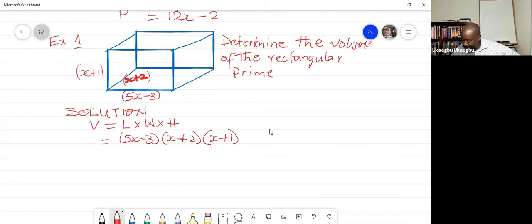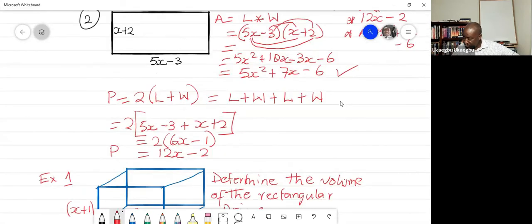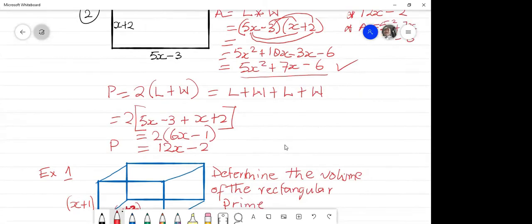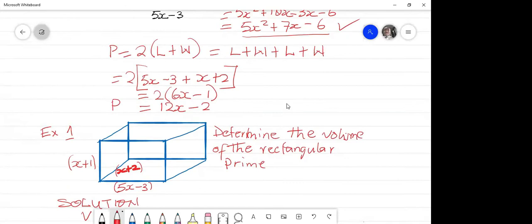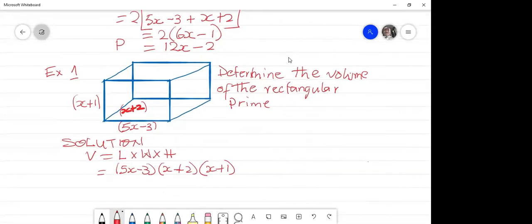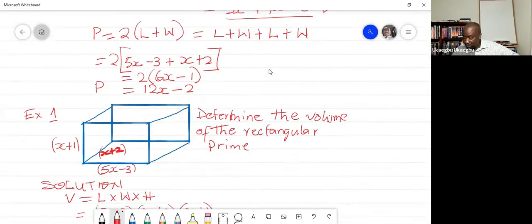We already did 5x minus 3 and x plus 2, and when you multiply it, that should give us this number here. Is it not true? It gives us the same thing. So the process should be in your paper, so I don't need to repeat it.